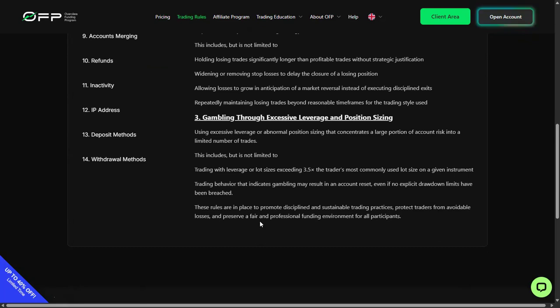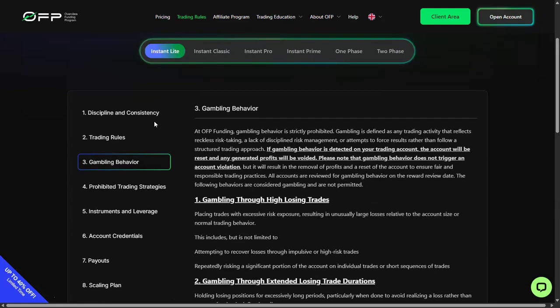Let's say you're using one lot size, then multiply one lot size by 3.5. That is the maximum you should be using. So you're not allowed to use 4 and all that.